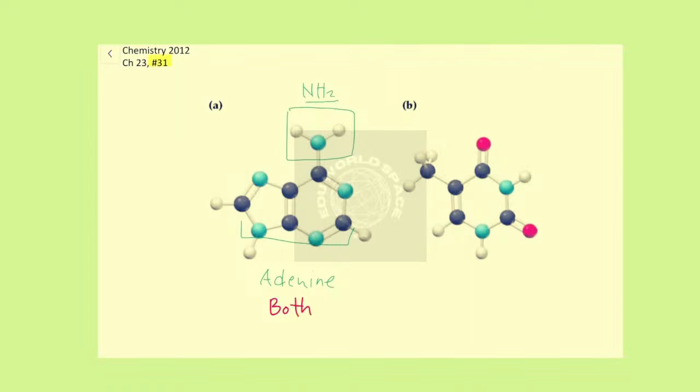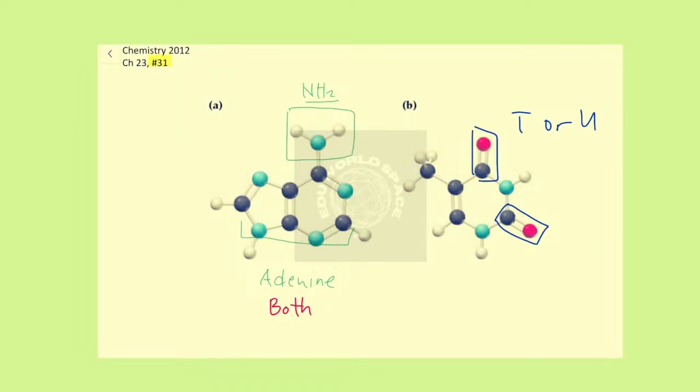Okay, so part B right here, we see how we got two oxygen atoms connected to our ring. So whenever you see two oxygen atoms connected as such, immediately we think either thymine or uracil. Okay, so those are the only bases in DNA or RNA that have that kind of structure.